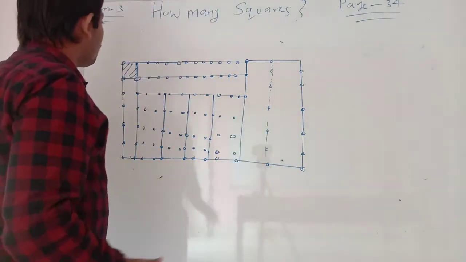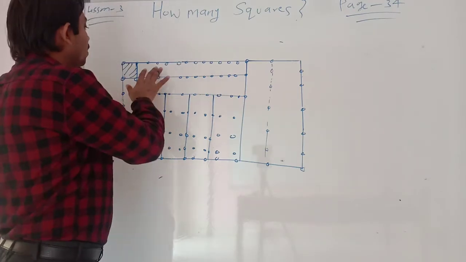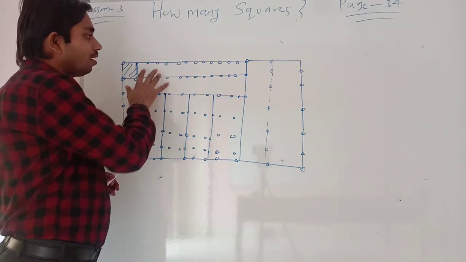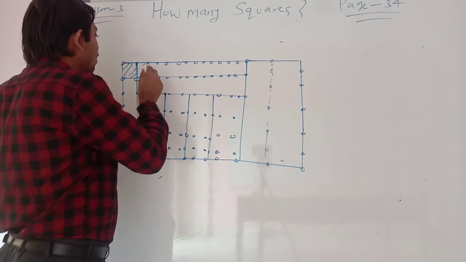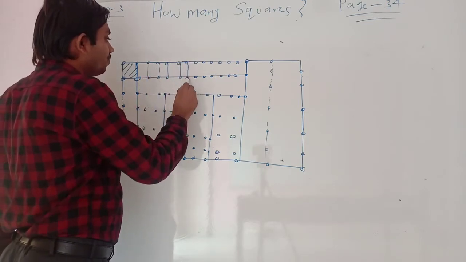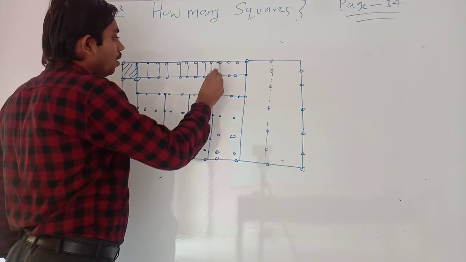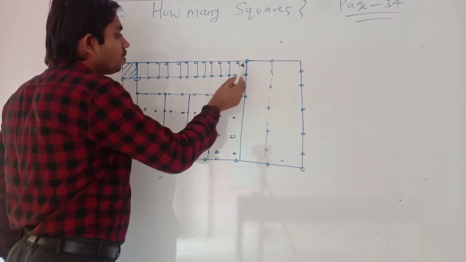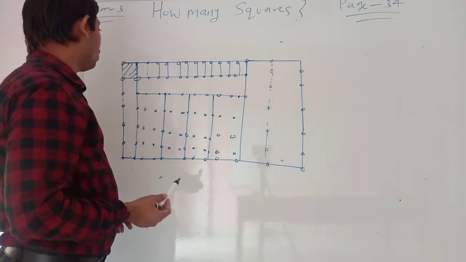So you can see, my dear students, here look at this rectangle. You can see there are 12 squares we can make. So these are the 12 squares made, my dear student.